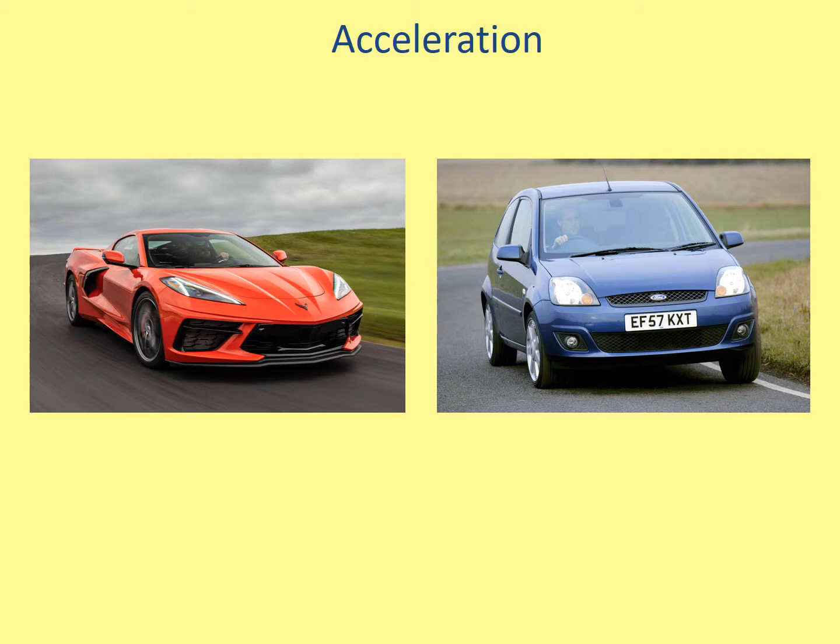The red car will increase their speed much quicker than the blue car will. So the red car will go from 0 to 60 in probably about 3 seconds, whereas the blue car will go from 0 to 60 in probably about 10 seconds. So the red car has a greater acceleration. The blue car has a lower acceleration.